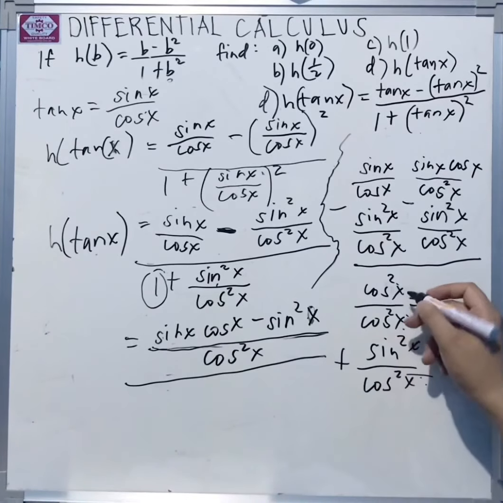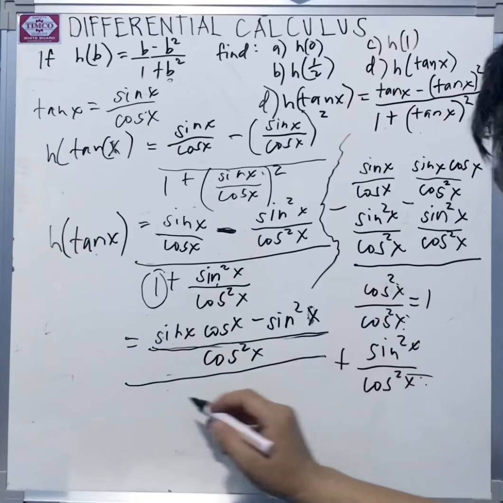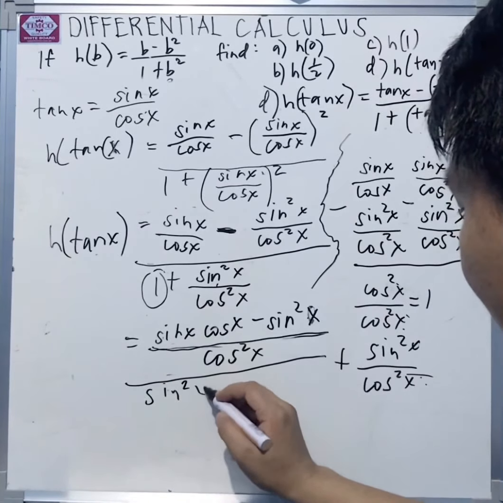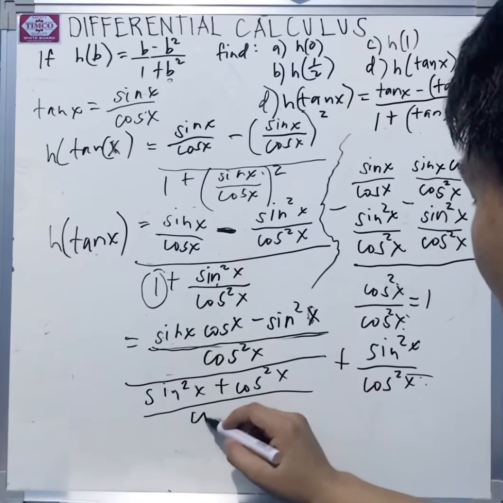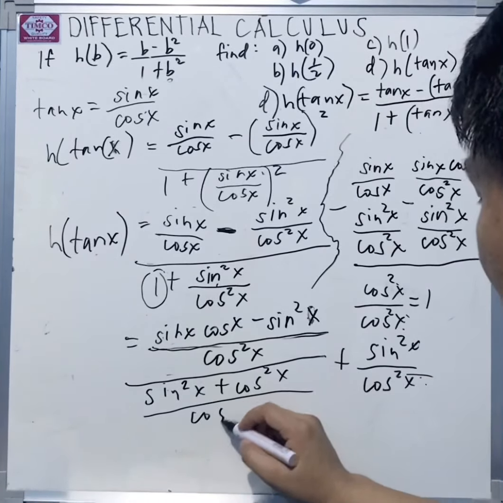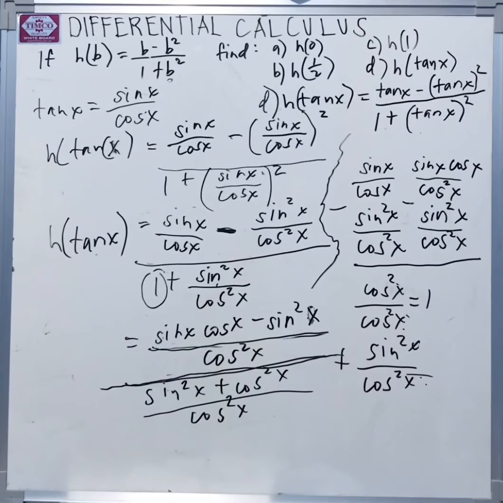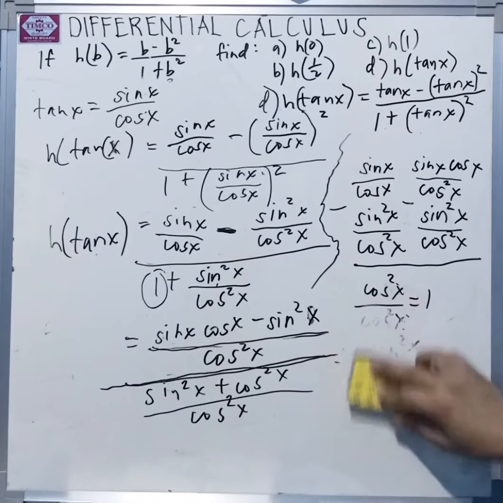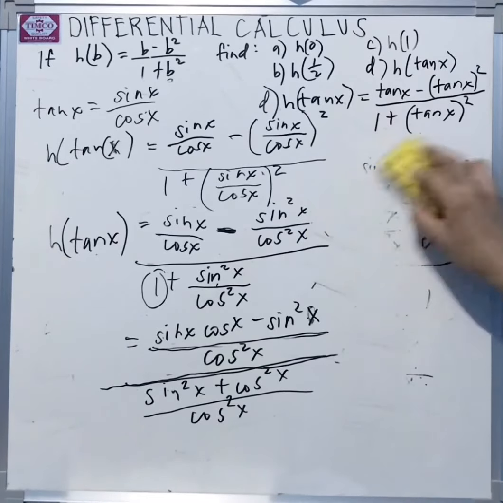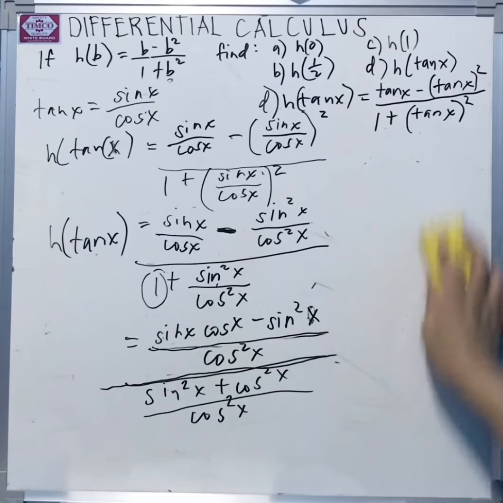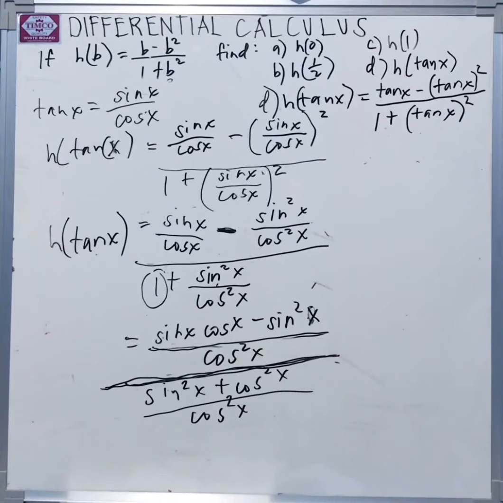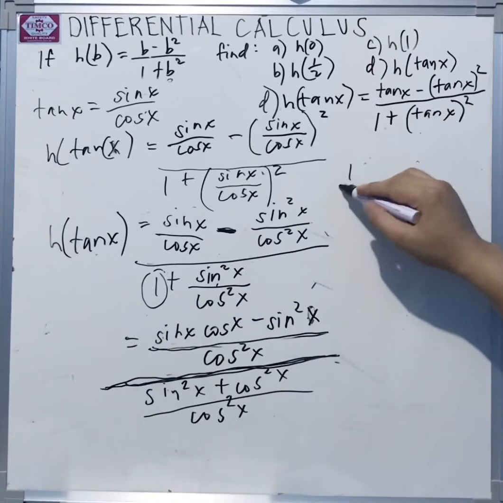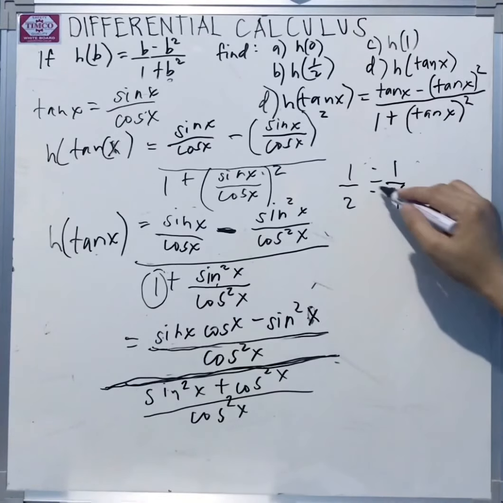Okay, so sin squared x plus cosine squared x all over cosine squared x. So ito yung all over natin. So burahin na natin ito. So divide na naman ito. Ano sinabi natin pag divide kanina? Pag sinabi natin divide, kumbaga 1/2 divided by 1/4, cross multiplication tayo.